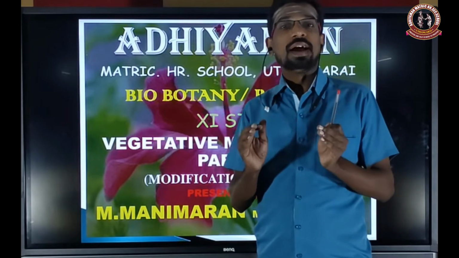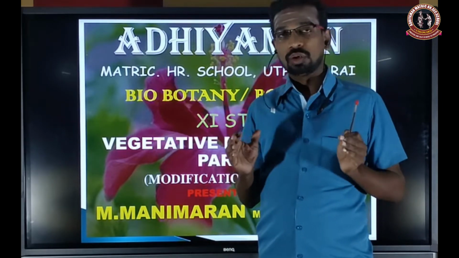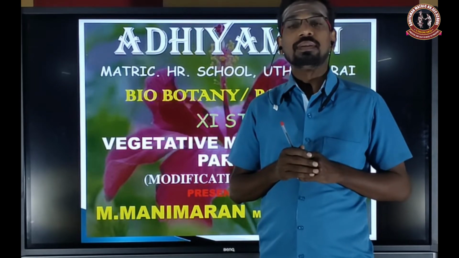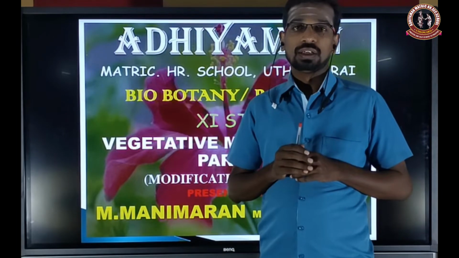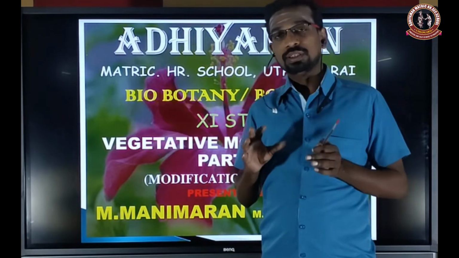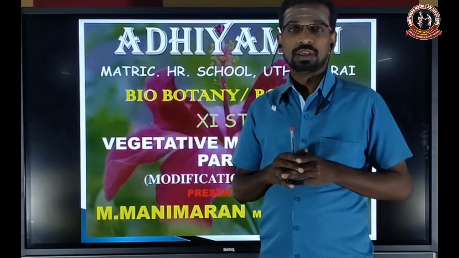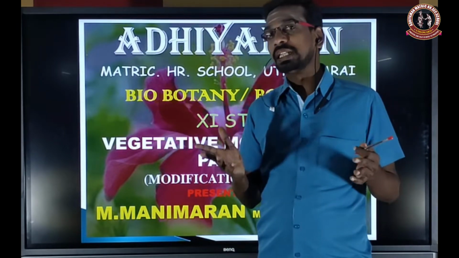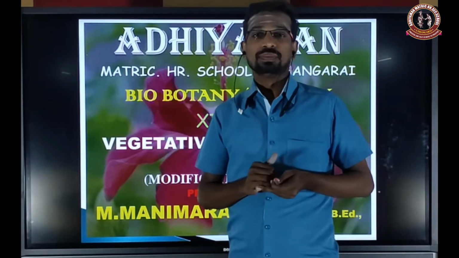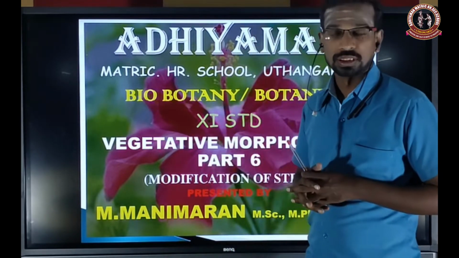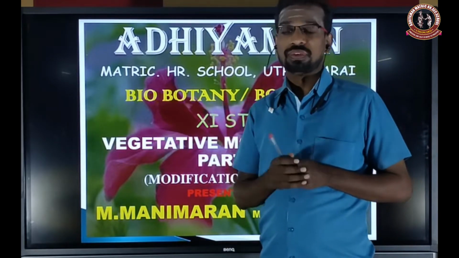It does not have buds, nodes and internodes. Instead, it has root hairs, and most roots do not look green in color. Why? Because chlorophyll is absent, as it is mostly present inside the soil. So that's why the chlorophyll pigments are absent. And it is positively geotropic.